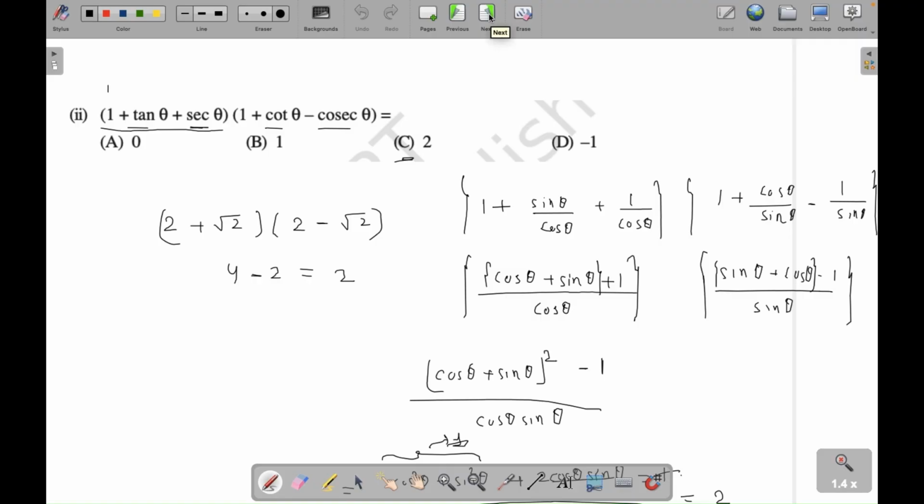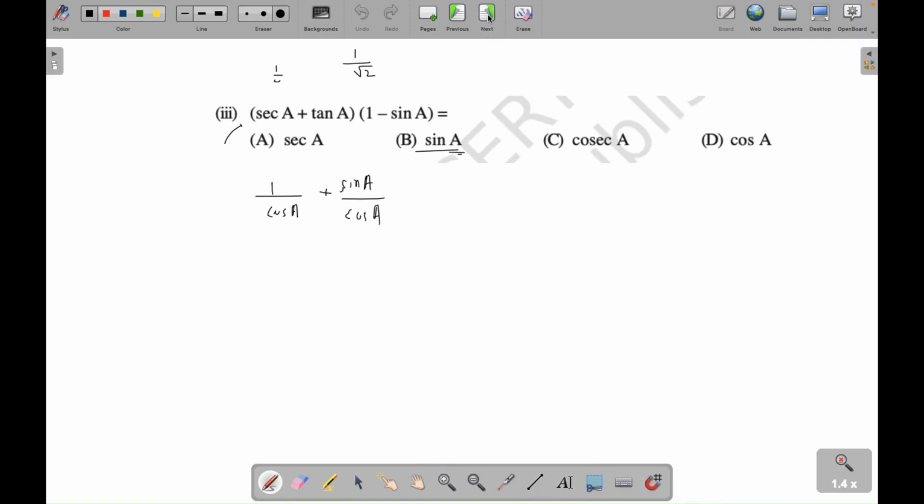Right. So then if you use any value, you'll get the answer. But when you have options like sec A, sine A, cos A like these, it will not work. So for such cases, you'll have to substitute values like 30 degrees or say 60 degrees. So these are going to work for such cases.